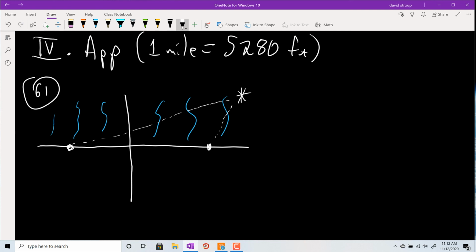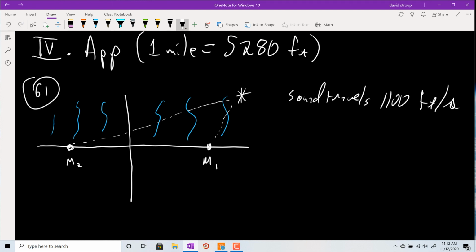So listening station M1, we'll call it, will hear the explosion 2 seconds before listening station M2. And from that information, you could kind of figure out a location, believe it or not. So first off, note that sound travels 1,100 feet per second.